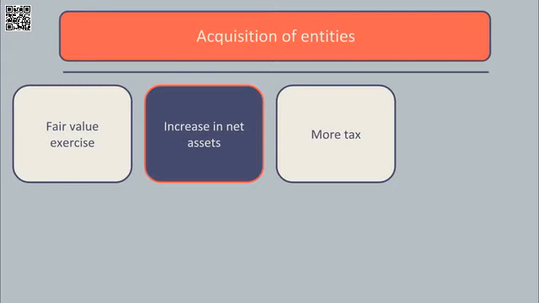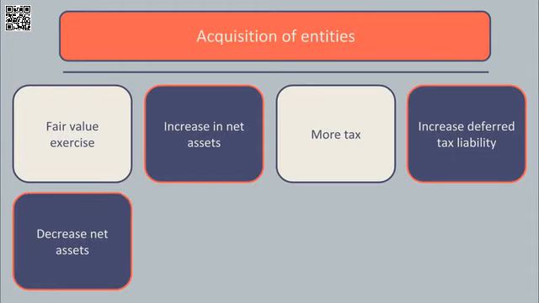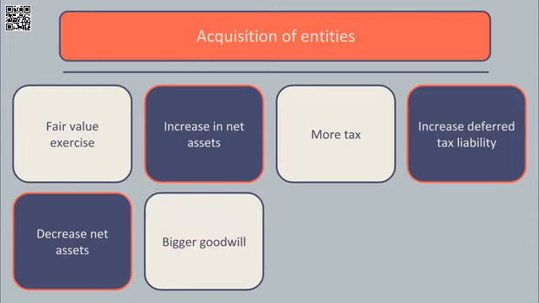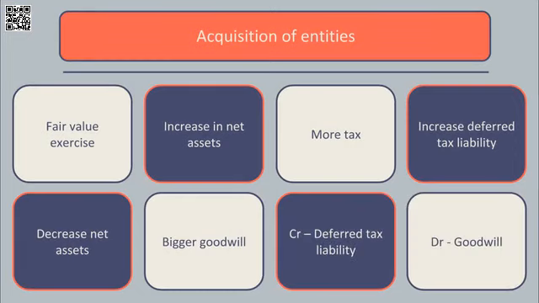We would therefore have to increase the deferred tax liability. This increasing liability would decrease the net assets, and this increases the gap between the amount paid and the amount acquired. In other words, goodwill would get bigger. The journal, therefore, for recording the deferred tax implication of a fair value exercise is to credit deferred tax liability and debit goodwill. Let's take a look at an example of this.